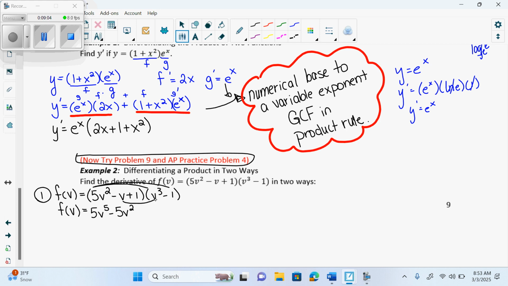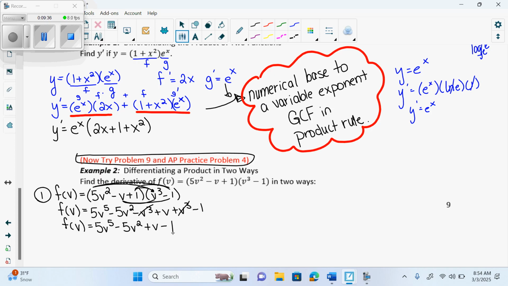Minus v times v cubed is minus v to the 4. And then minus v times negative 1 is positive v. And then 1 times v cubed is v cubed. 1 times negative 1 is negative 1.